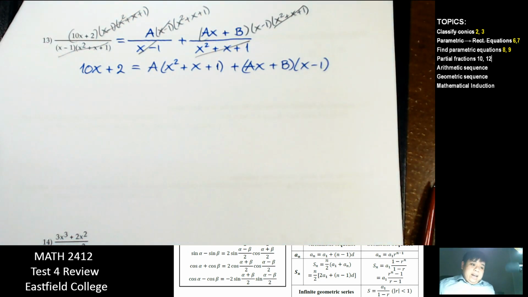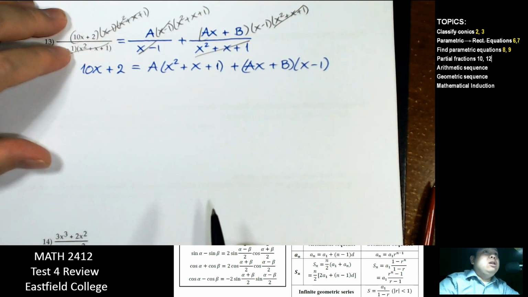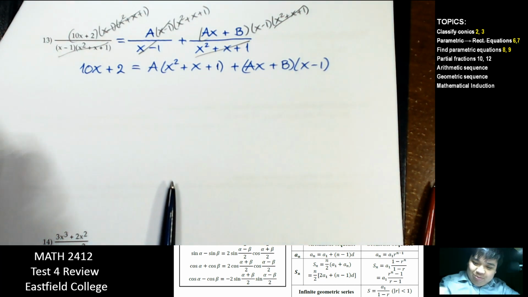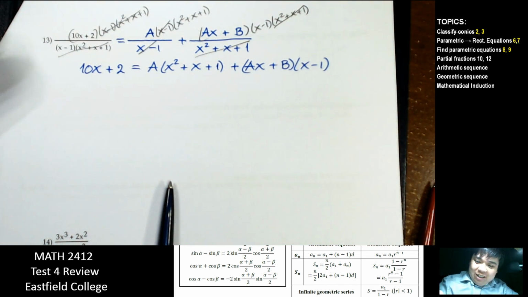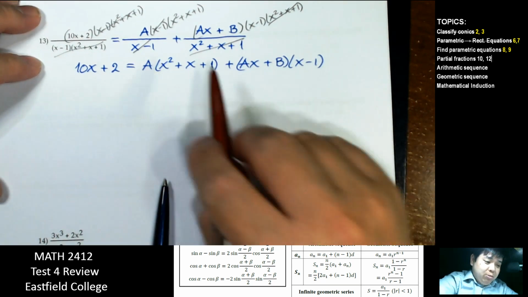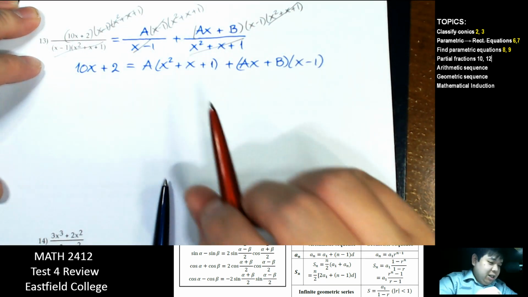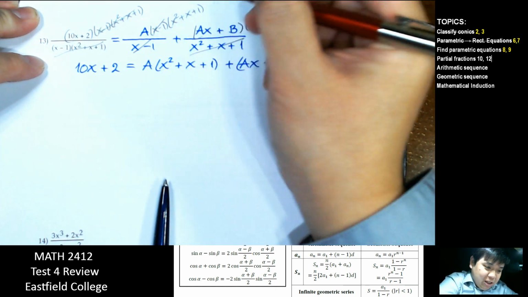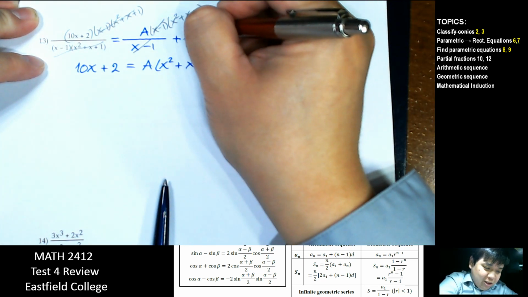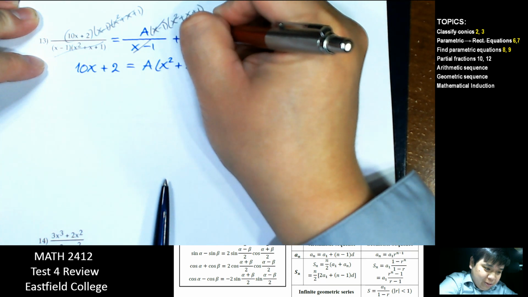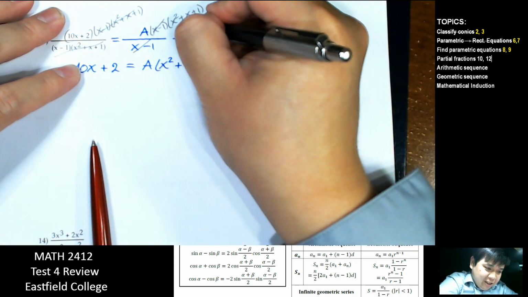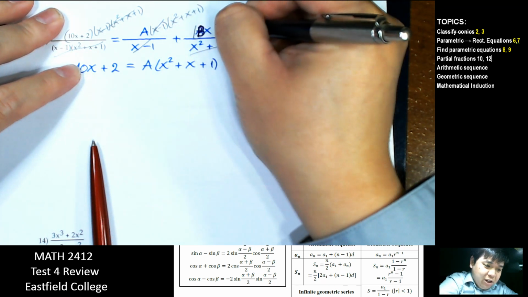And then we'll just multiply it out. Combine like terms. Except, sorry, in this problem we have A already. This should be a different coefficient. So instead of A and B, let's change it to D and C. All the coefficients must be different.